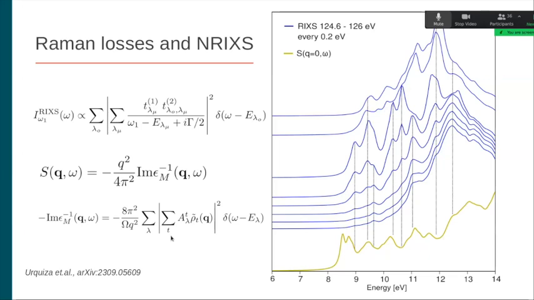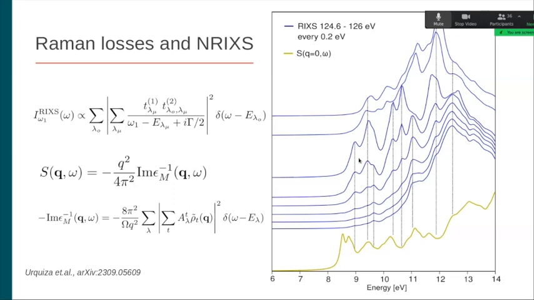But the way that you arrive at this final state is completely different, and therefore the selection rules are different, and this is reflected here. We see that some peaks appear in the structure factor, and we don't see them in the RIXS spectrum.